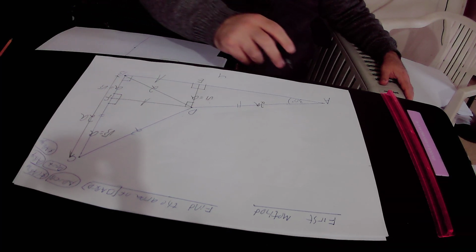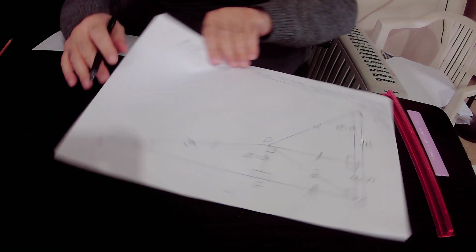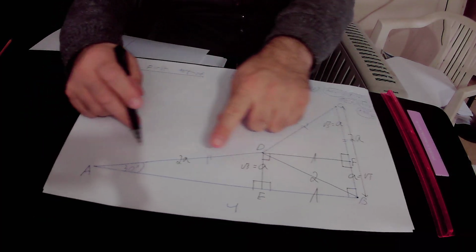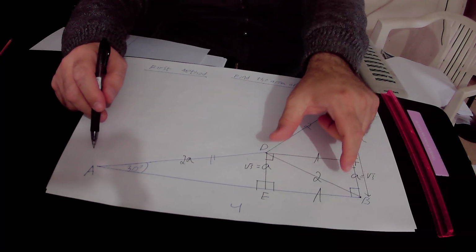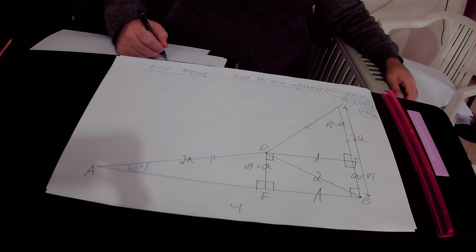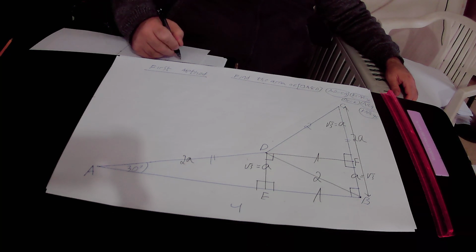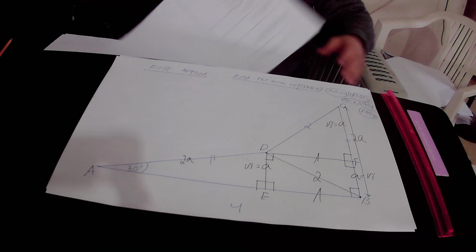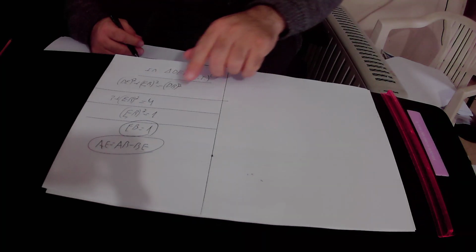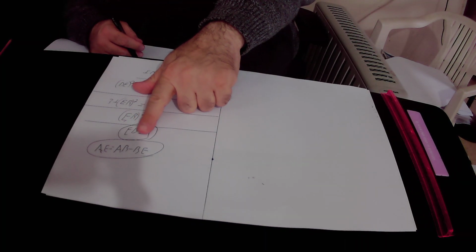What is the value of AE? You can see easily from the drawing that AE equals to AB minus BE. I repeat again, AE equals to AB minus BE.